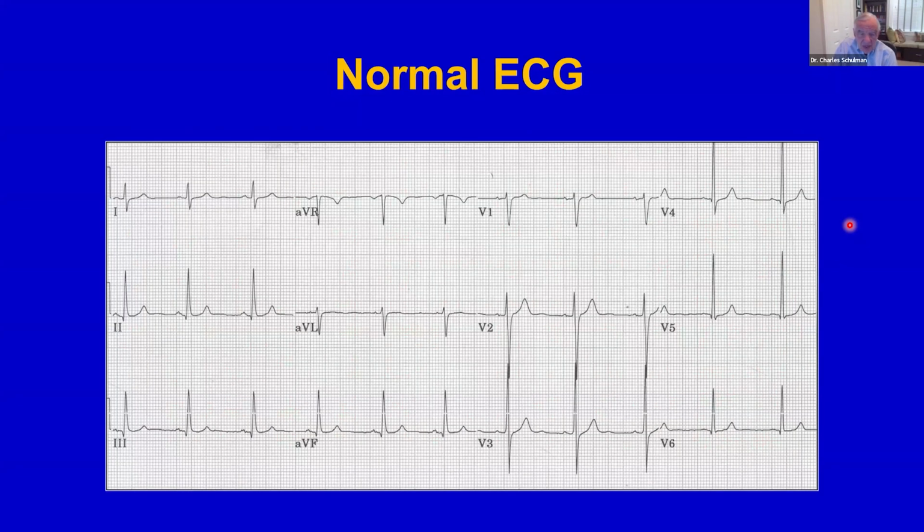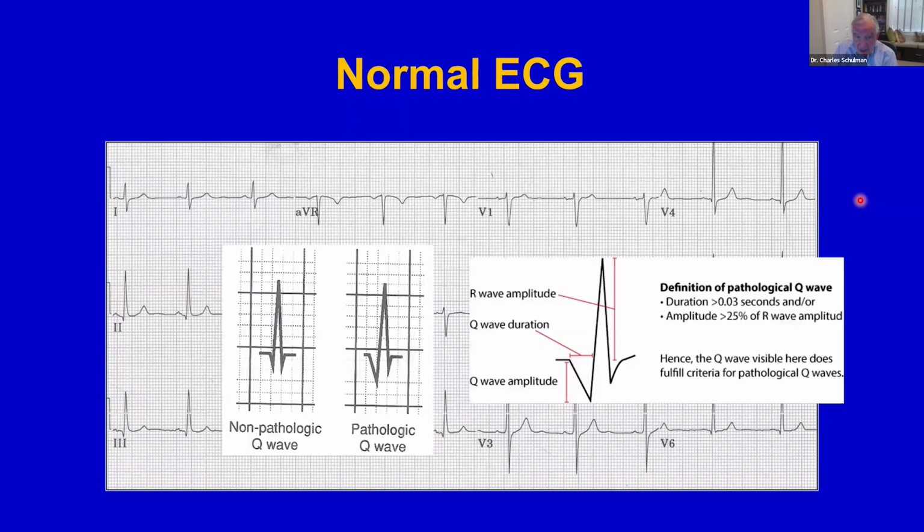There's another one. In this one, there are kind of prominent Q waves in the inferior leads here, and also a little bit laterally. People wonder whether those are normal Q waves, or really what they're concerned about is whether they're abnormal and represent some previous infarction.